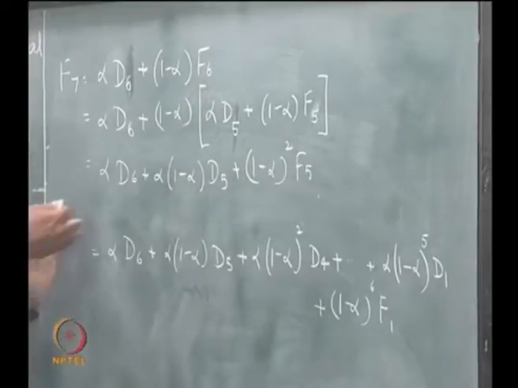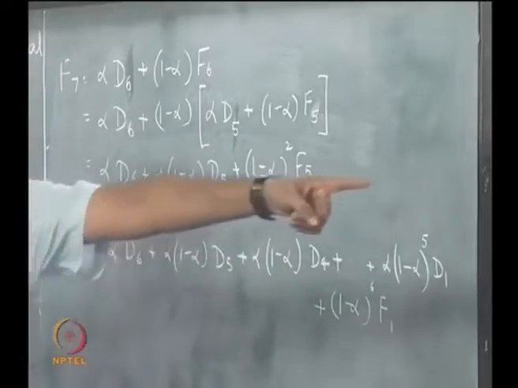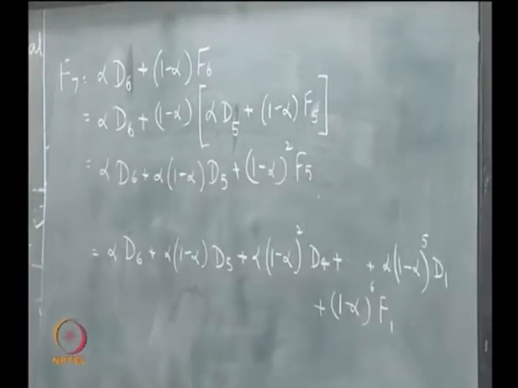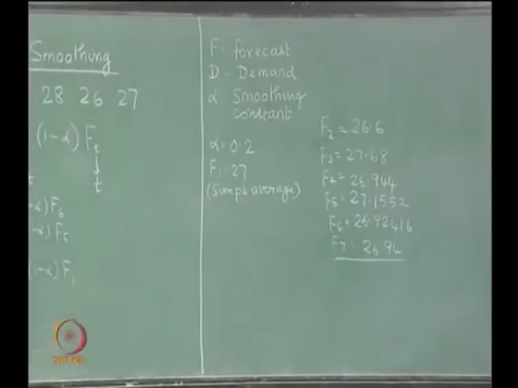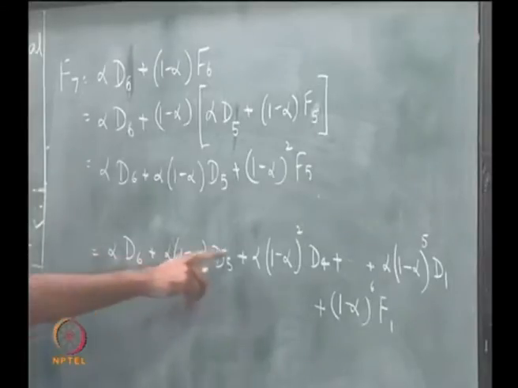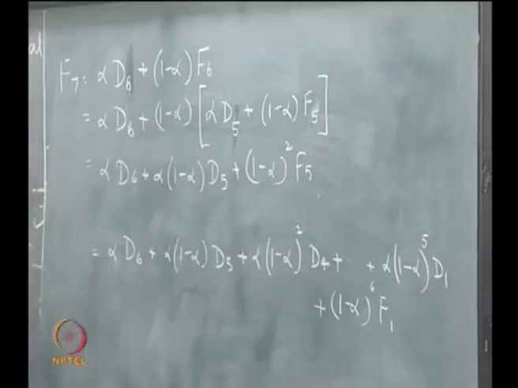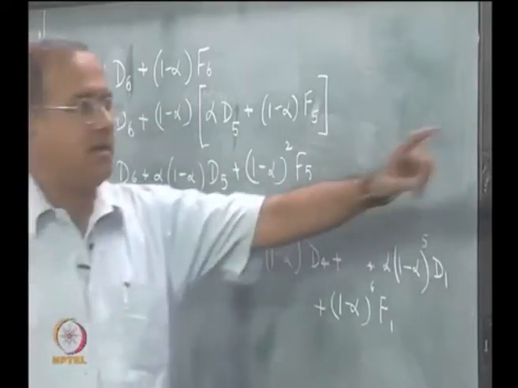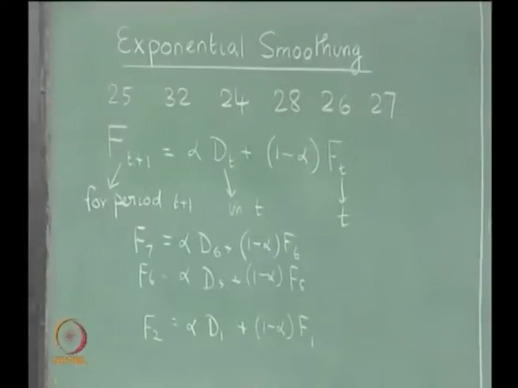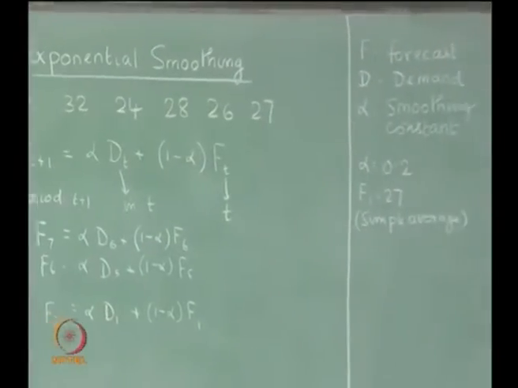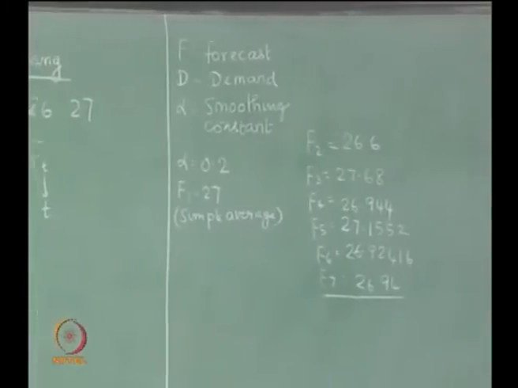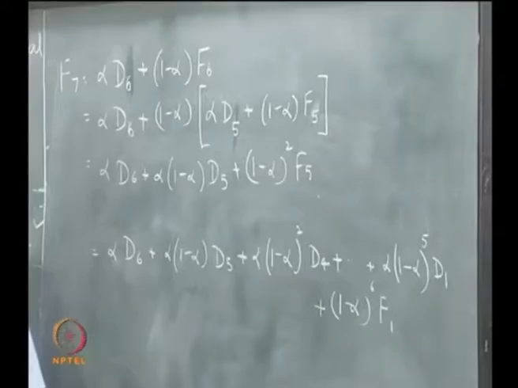Now, if we look at this expression, what we have calculated as 26.94 here can also be calculated in a single pass by using D1, D2, D3, D4, D5, D6 from these values, using alpha equal to 0.2 and using F1 equal to 27.